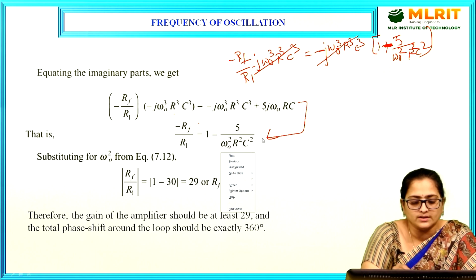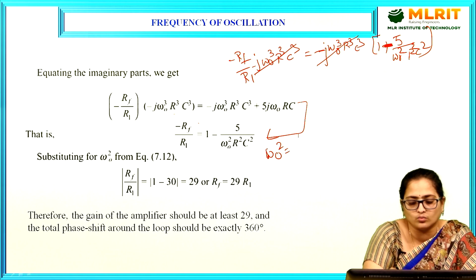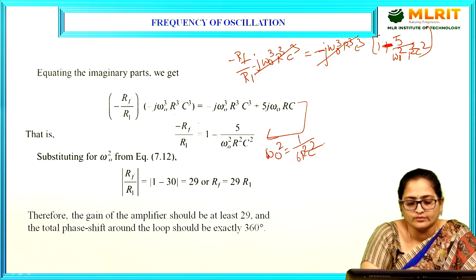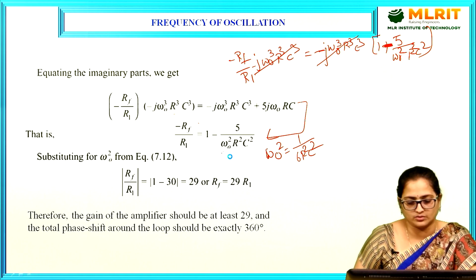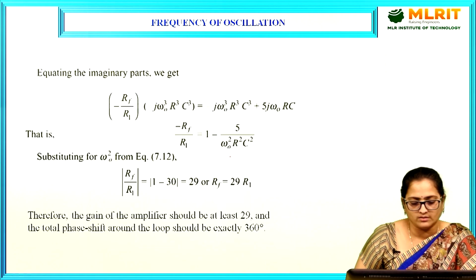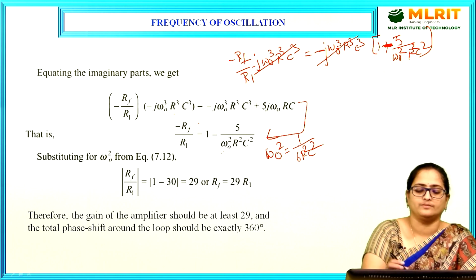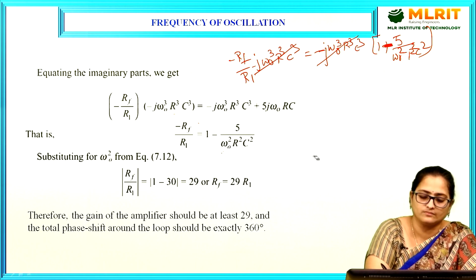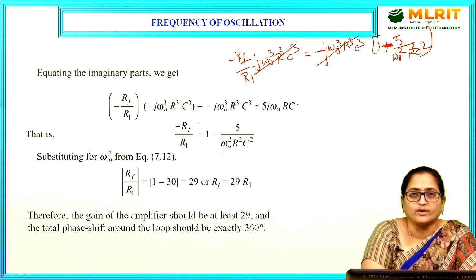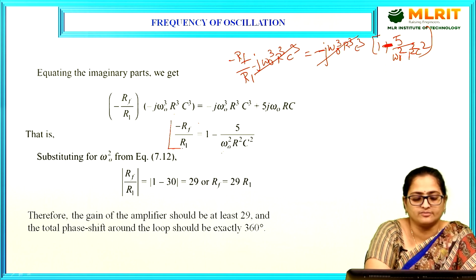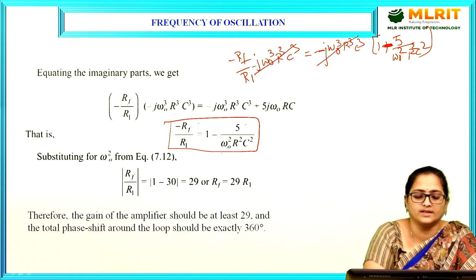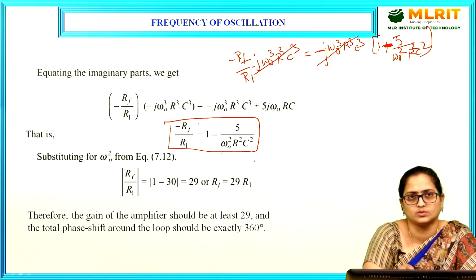So we got minus RF by R1 is equal to 1 minus 5 by omega naught square R square C square. We got omega naught square value as 1 by 6 R square C square. If you substitute this omega naught square, this equation can be written as minus Rf by R1 equals 1 minus 5 by omega naught square R square C square.